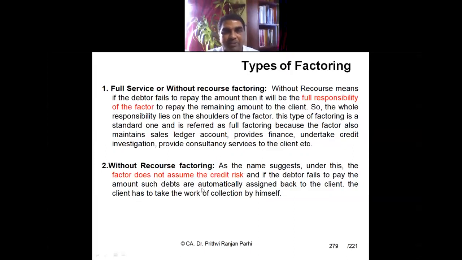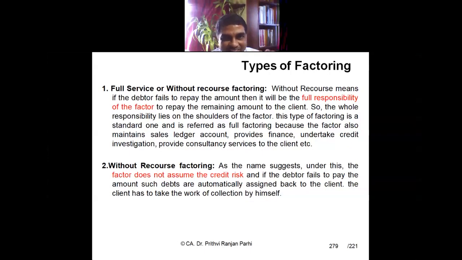In this case, the factor does not assume the credit risk. When the factor doesn't assume the credit risk, then what kind of factoring is it? This is in fact without recourse.